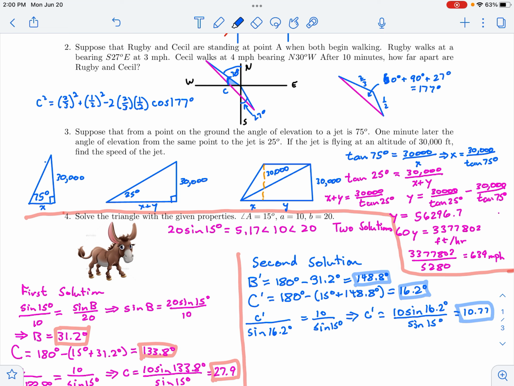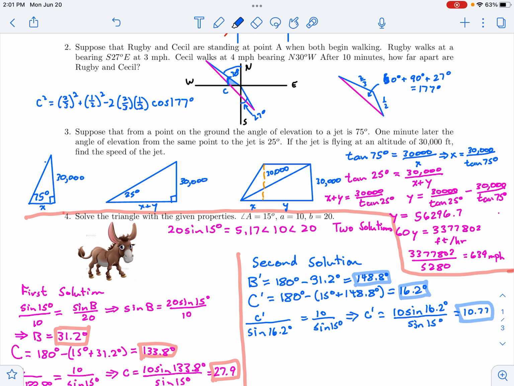So I noticed that I can use tangent. So look over here. I've got tangent of 75 degrees equals 30,000 over x. So I just solve for x, and I get x equals 30,000 over tan of 75. I do that same thing over here for this triangle, where I've got tan of 25 degrees equals 30,000 over x plus y.